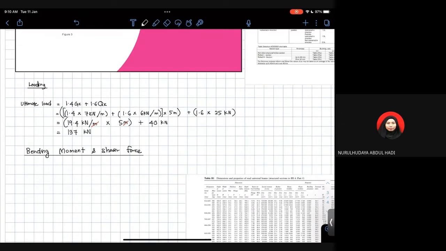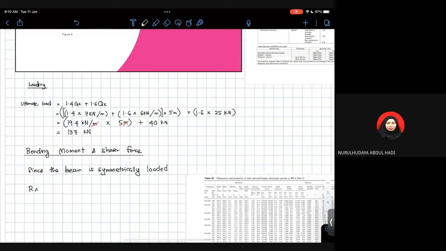Kira on the bending moment and shear force. We know that the beam is symmetrically loaded because the UDL is along the length of the beam and the point load is exactly at the middle or center of the beam.